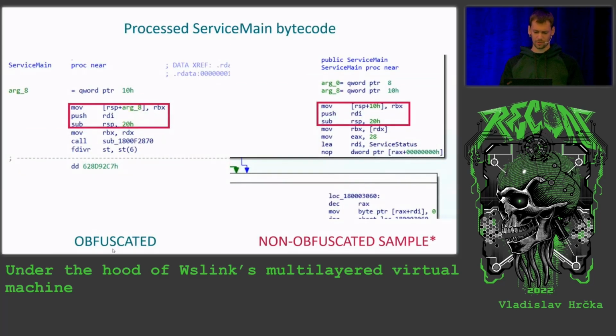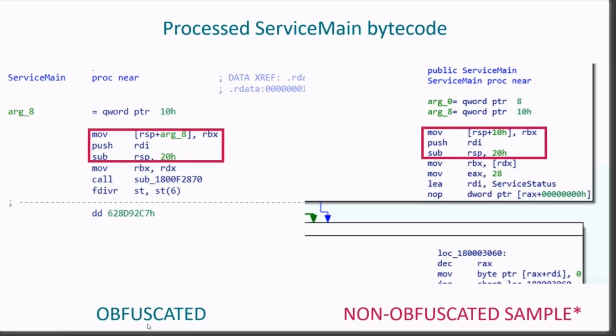And now we can compare the results of the obfuscated function on the left and the original non-obfuscated sample on the right. We can see that the prologue of the function is actually the same, but the next line is a bit different.